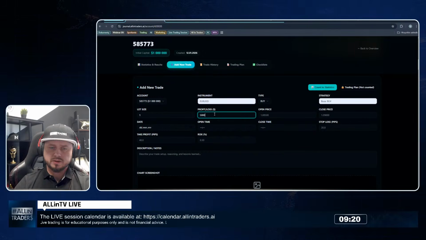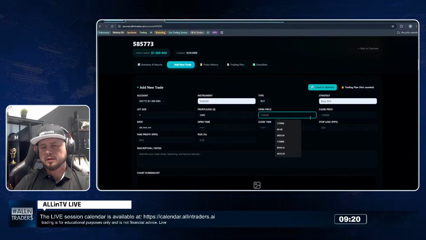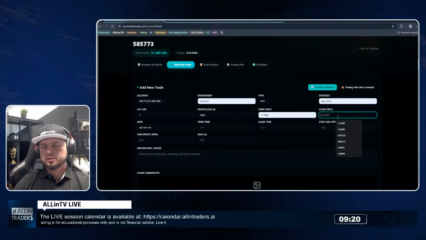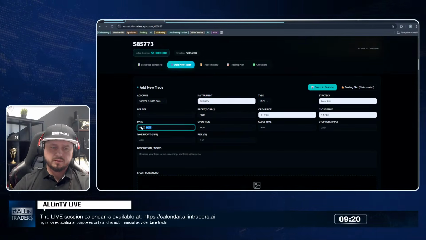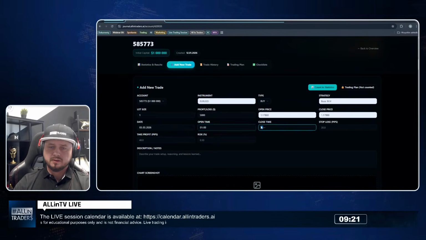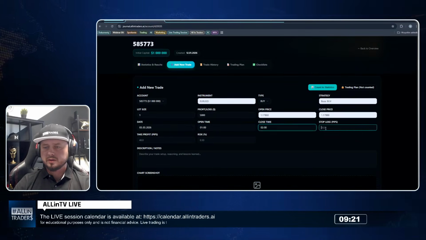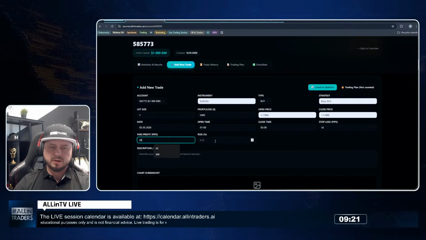I'm not sure what's going to be the lot size. Profit, probably we're going to try to get $5,000. Open price, we're going to change that later because I'm not sure at this moment. 03 2026. Open time also, I don't know that yet because we need to wait. Stop loss probably around 10 pips and take profit 20 pips.